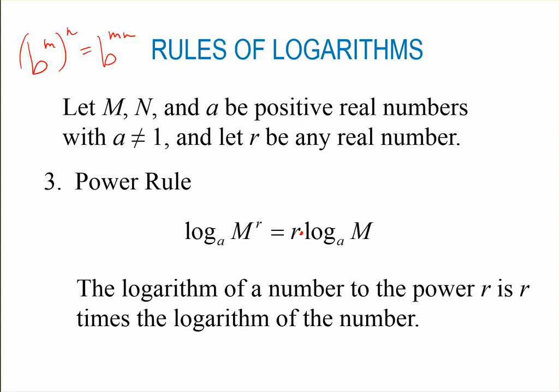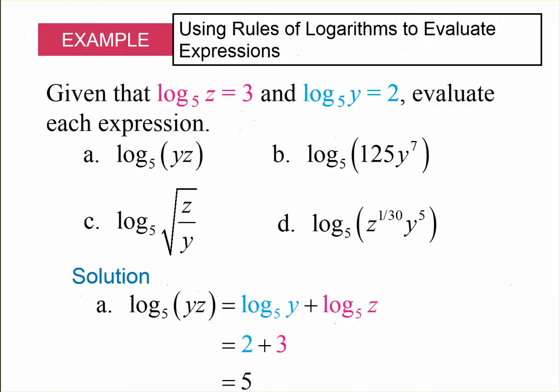All right, so let's work with these just to make sure we got them here. So again, this is just to make sure that you understand. Let me just look at A and B maybe, and C. So we'll look at them here. So let's say log base 5 of Z is equal to 3. Log base 5 of Y is equal to 2. What we want to do is we want to be able to break up A somehow so that we get it in terms of these two logs.